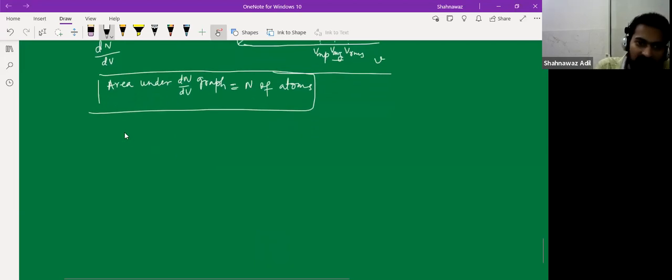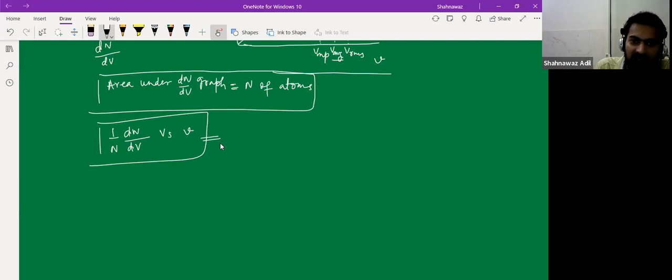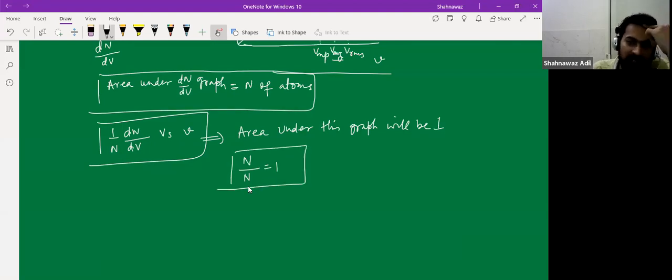And for the case of dn by dv and 1 by n versus the velocity graph, the area under this graph will be 1. Why? Because the area under the dn by dv graph is n. So n by n will be 1. Right, guys?